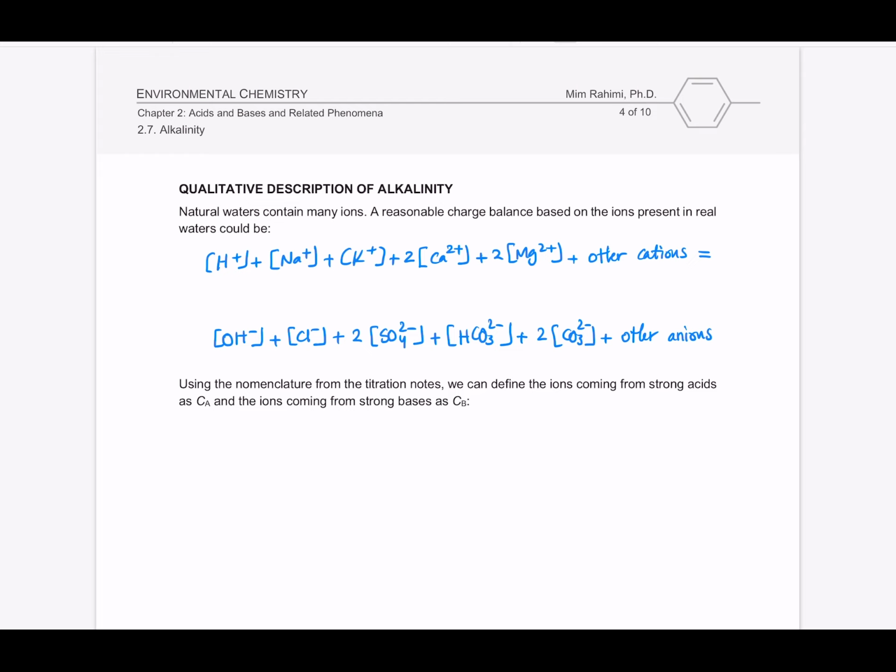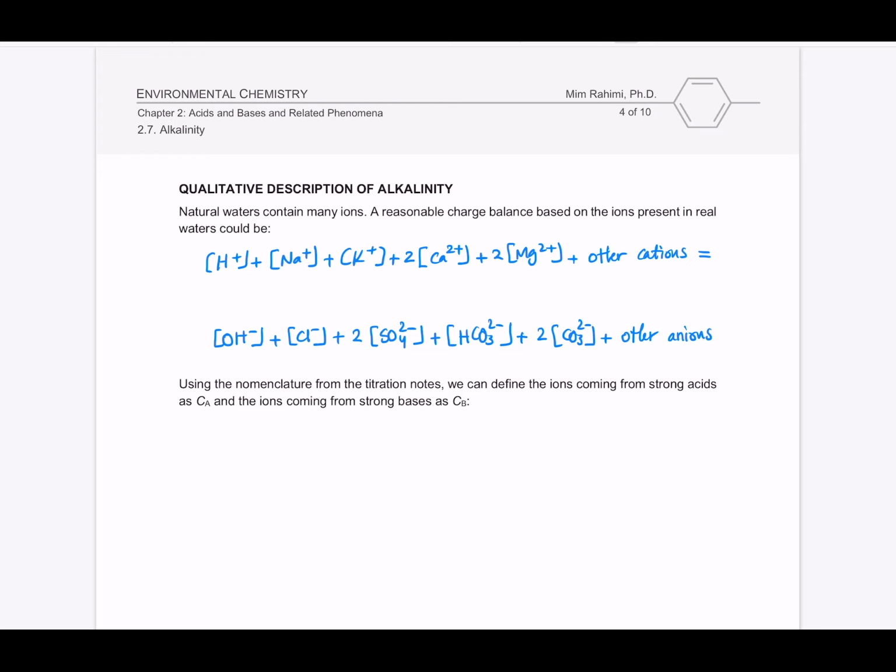So that's always the case for any sample of water. Positively charged, considering the concentration and also the charge, the Z factor, is equal to the negatively charged. And we just mentioned some of the very common salts that we have.